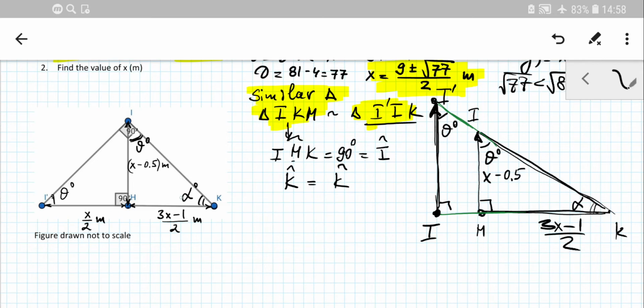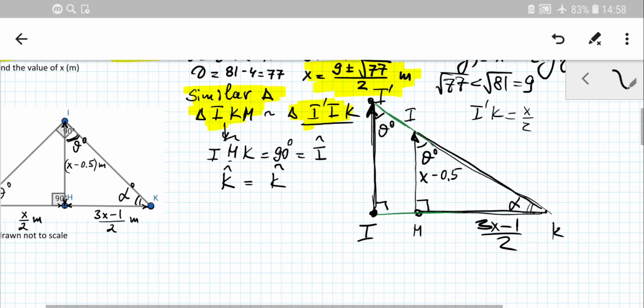So what about the sides in the big triangle? I'K, so it means the longest side here in total is the sum of x over 2 and this fraction. If you add them, the total expression will represent the total length. So you can write that I'K is simply the addition of x over 2 and (3x minus 1) over 2.